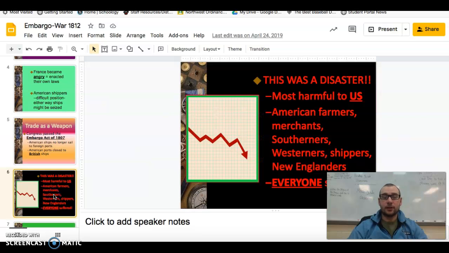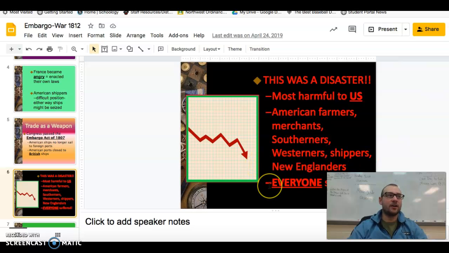Well, it turns out not a good idea. It was a total disaster because it mostly hurt the United States. The Embargo Act normally is supposed to affect the other countries, that's the whole idea of it. But in this case, it kind of 180'd on us and really hurt us. It hurt American farmers, merchants, a lot of Southerners, because a lot of them are farmers at this time, Westerners, shippers, and New Englanders.